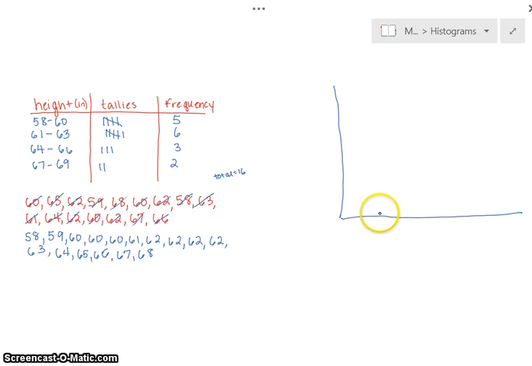So I'm just going to come over here and I'm going to do 58 through 60 here, and then 61 through 63 here, 64 through 66 here, and 67 through 69 here. And it doesn't look beautiful, but that's okay. We're just doing it by hand. And then we're going to label this height in inches.